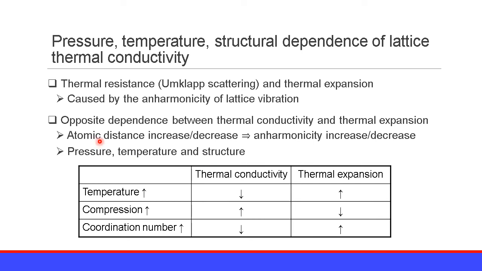If the atomic distance increases or decreases, anharmonicity increases and decreases. Then when temperature increases, the atomic distance increases. As a result, thermal conductivity decreases, but the thermal expansion increases. By compression, the atomic distance decreases, therefore thermal conductivity increases and thermal expansion decreases.